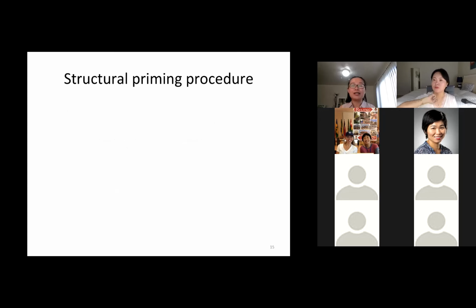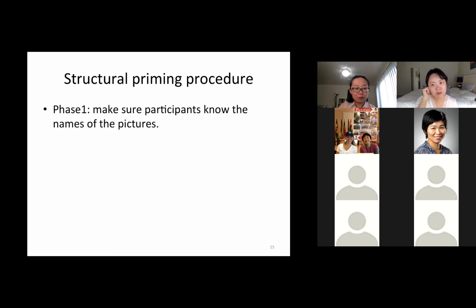We used a structural priming procedure. Here is why the structural priming procedure can test implicit learning of syntactic structures. We have 3 phases for this experiment. It's kind of complicated, and I hope I can walk you through.